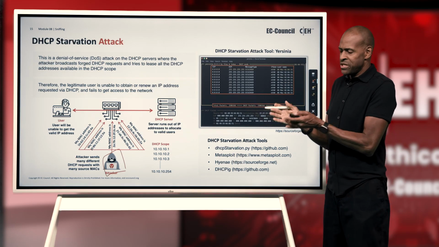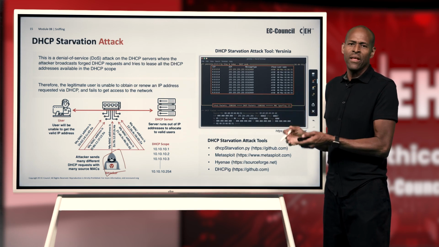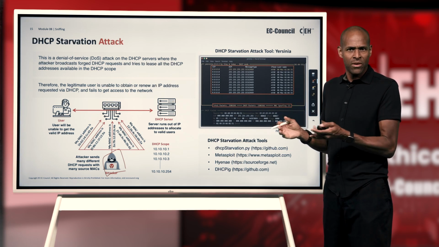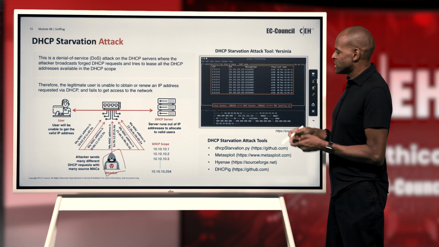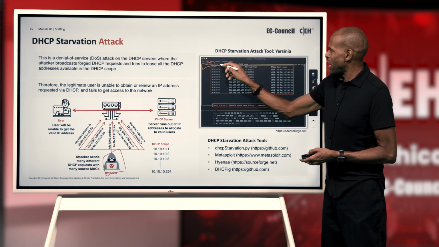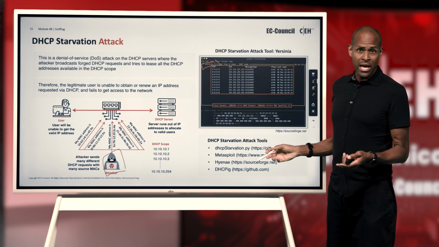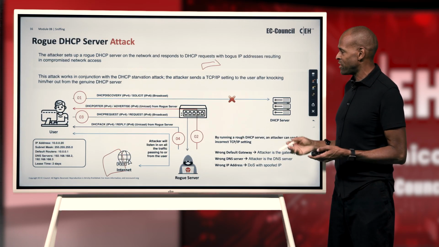The scopes on the DHCP server are like the IP address ranges that you have for subnets or VLANs on the network. So we can starve it with tools like Yersinia. Yersinia is my favorite of the ones that are listed here for DHCP starvation. Metasploit has tools for DHCP starvation, and there are others.